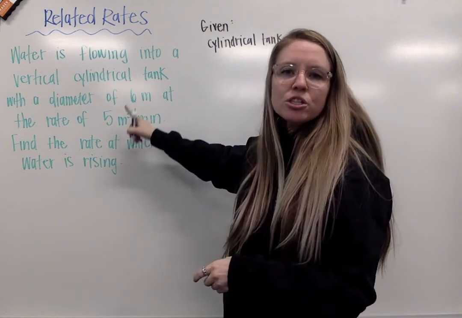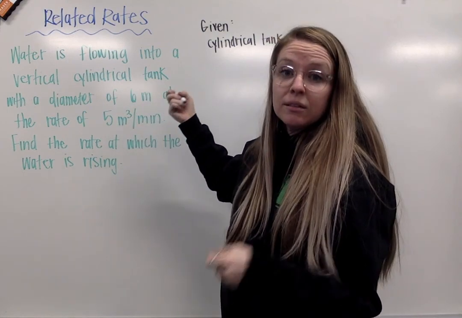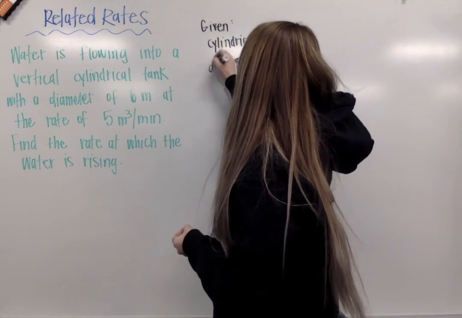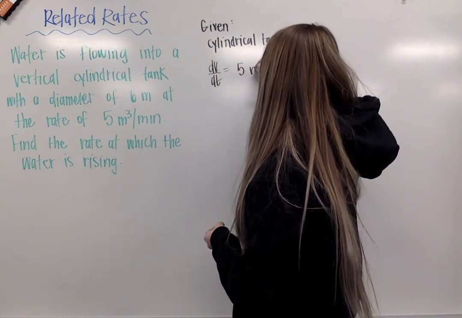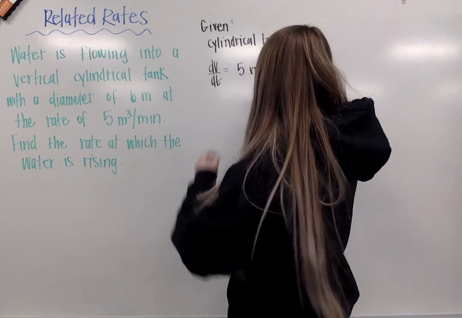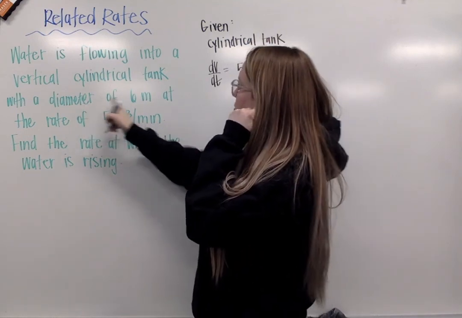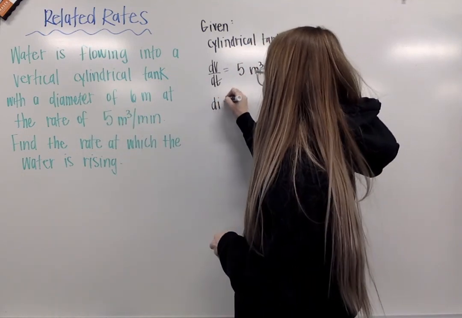Meters cubed tells us what? Volume, right? So that means they've given us the rate of our volume, which is 5 cubic meters per minute. And we know the diameter is 6 meters.